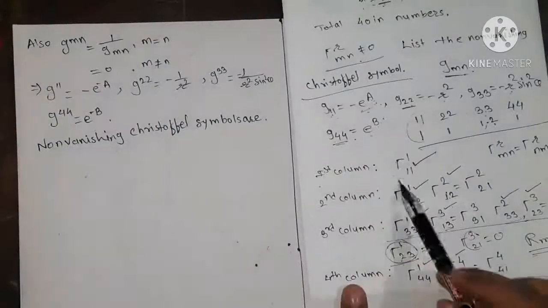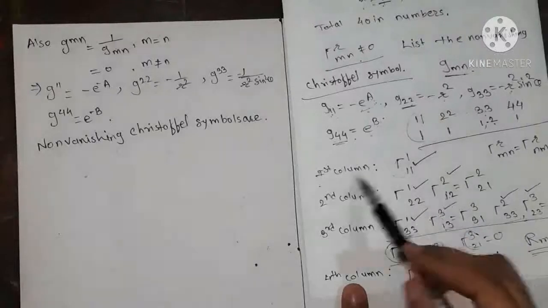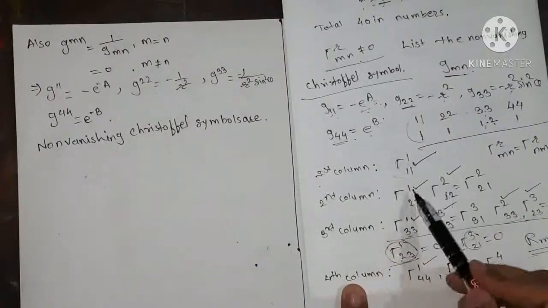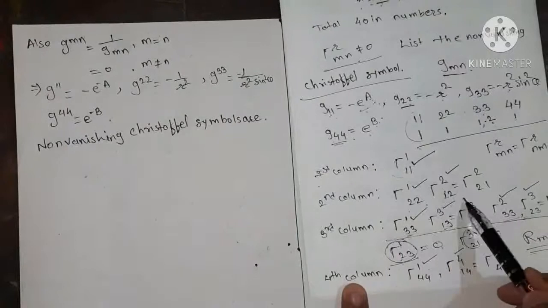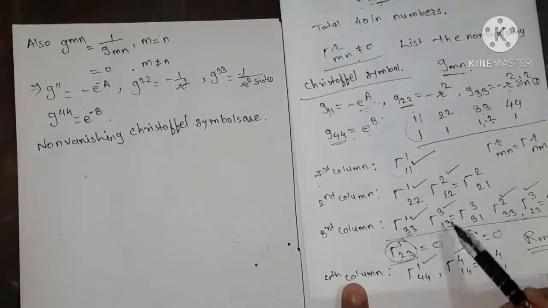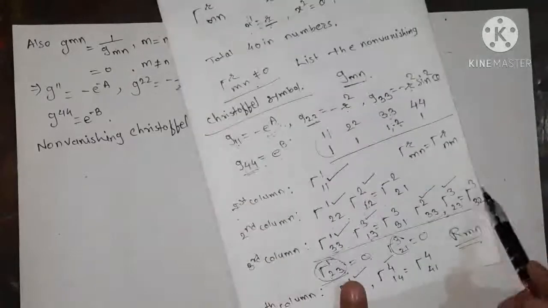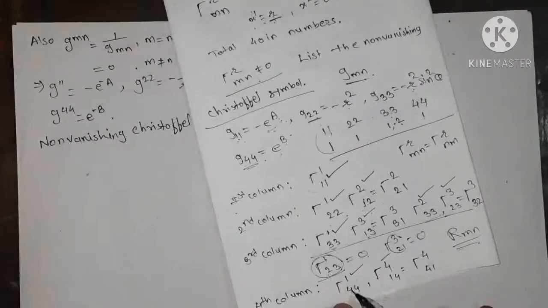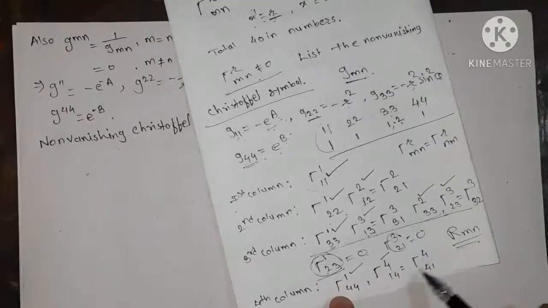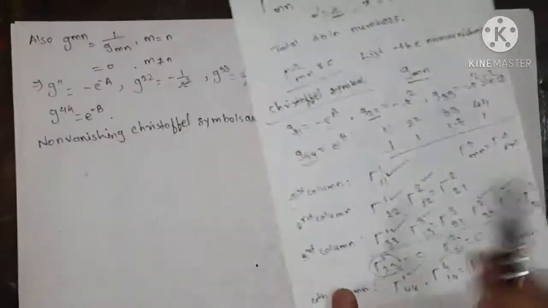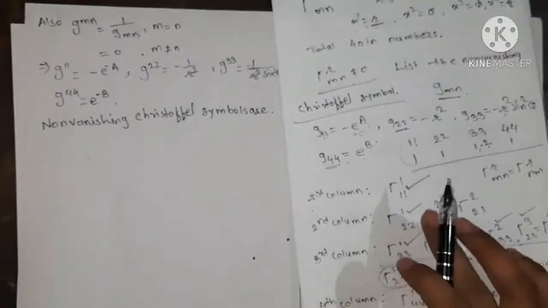Here we have the list of all non-vanishing Christoffel symbols: gamma of 1,1,1, gamma of 1,2,2, gamma of 2,1,2, gamma of 1,3,3, gamma of 3,1,3, gamma of 2,3,3, gamma of 3,3,2, and gamma of 1,4,4, gamma of 4,1,4. These are all the non-vanishing Christoffel symbols for our line element here.